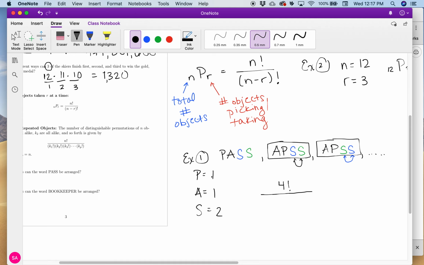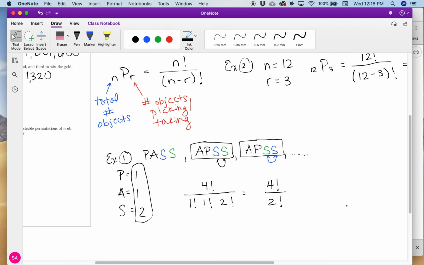So the formal way is basically for every letter, we're going to include each of these in the denominator, but with a factorial. So we'll have 1 factorial times 1 factorial times 2 factorial. Now really, 1 factorial is just 1. So a shorter way to look at this is the total number of letters, factorial on top, divided by any of the repeating letters on the bottom with factorials.